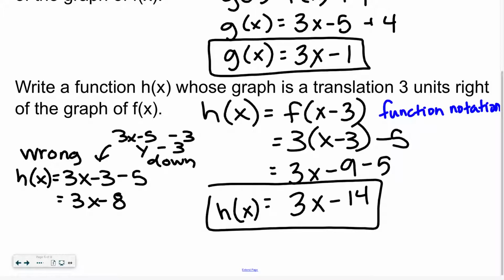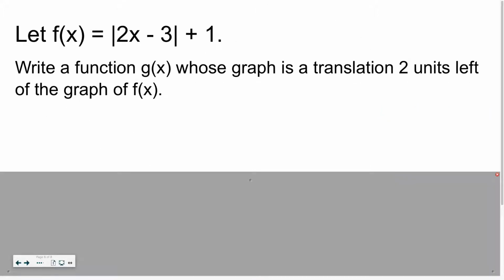We'll do a couple of quick absolute values. Okay, here's our absolute value function. Let f of x equals the absolute value of 2x minus 3, plus 1. And we want to write a function whose graph is a translation 2 units left.